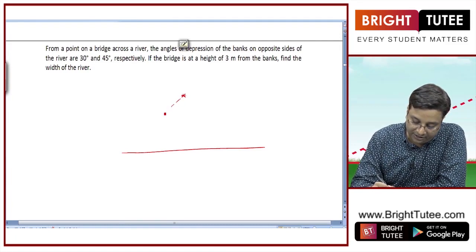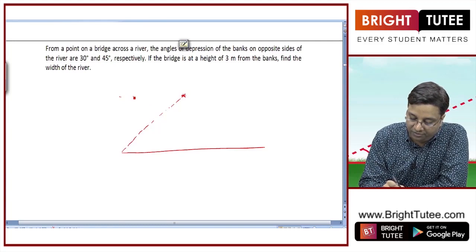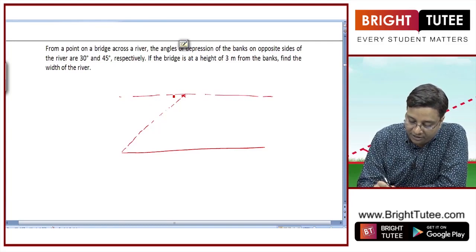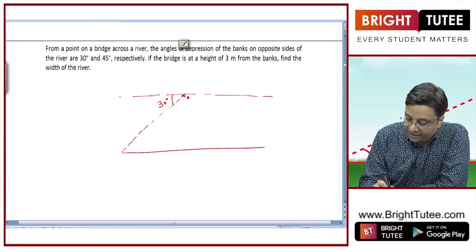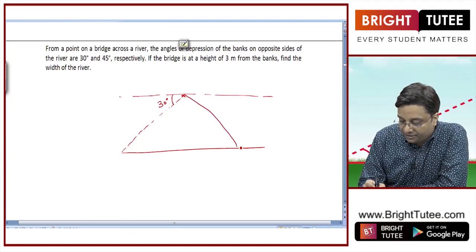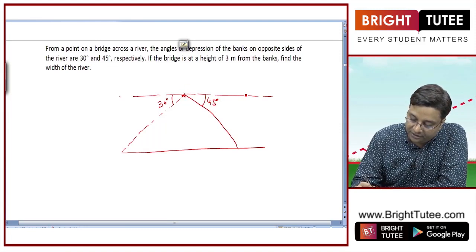Let us say this is the angle of depression here. How will we make the angle of depression? With the horizontal here. So let us say this is 30 degrees and this is 45 degrees. Okay, this is a bridge.